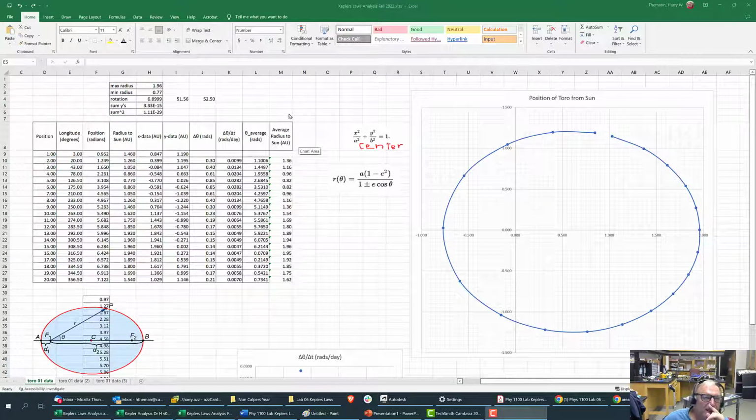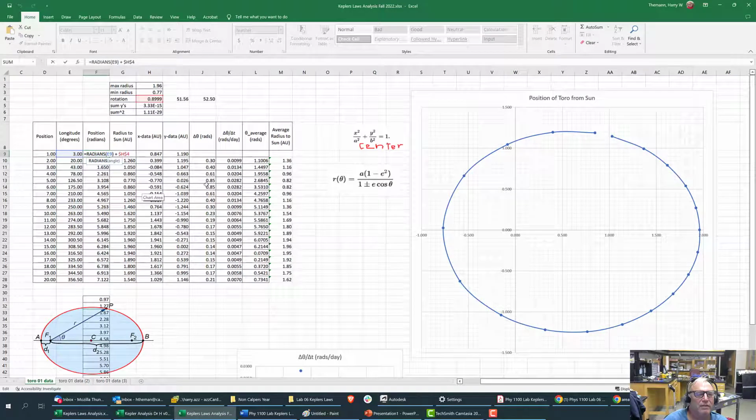So when I was looking at this today and putting this together, I decided to create this rotation variable, and instead of making it in degrees, I made it in radians.